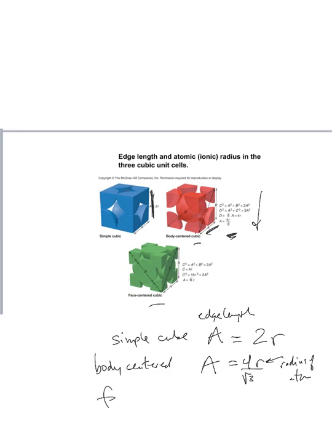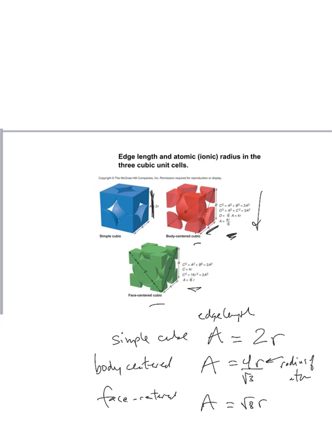For the face-centered, and I don't know if they give you these equations or if you have to memorize them, the edge length, which is A, is going to be equal to the square root of 8 times the radius of an atom.